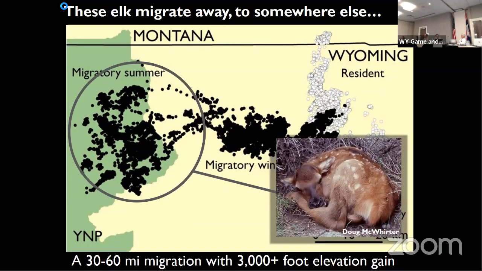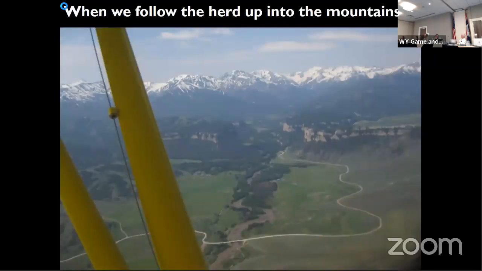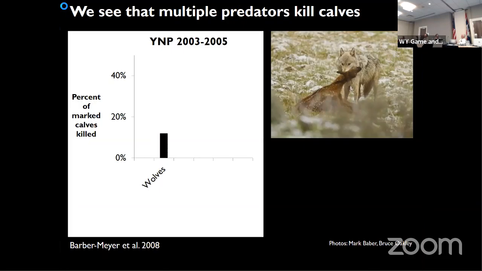And what these studies showed was, when we go back behind the wilderness curtain, you can see that, yes, wolves eat a bunch of elk calves, but they're greatly outpaced by bears, particularly grizzly bears, but both grizzly and black bears.